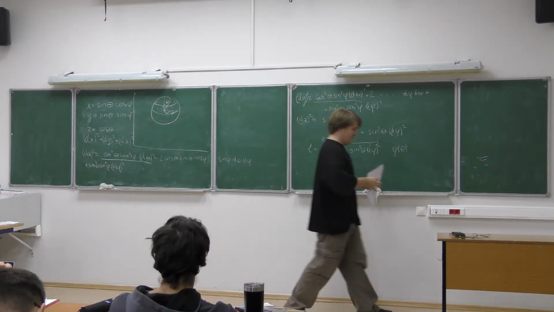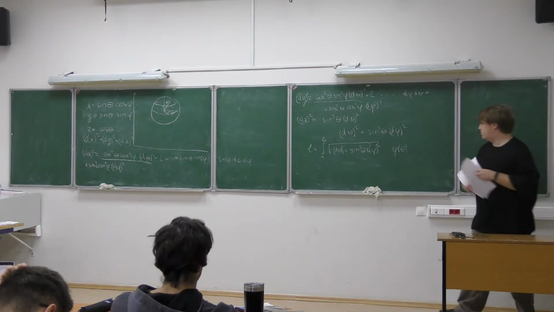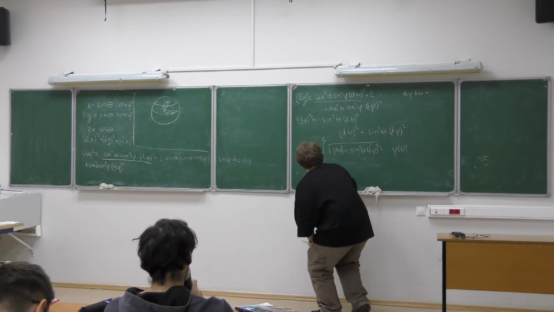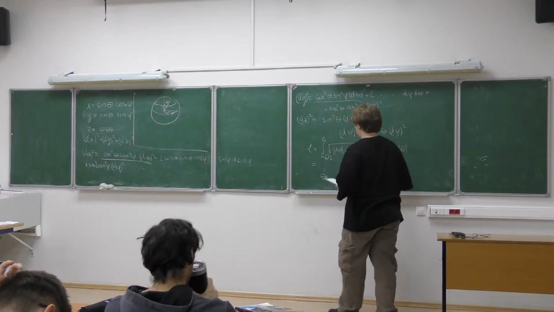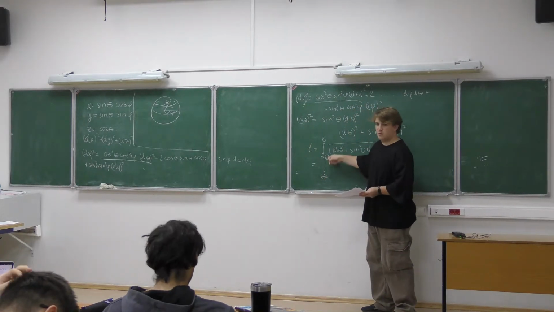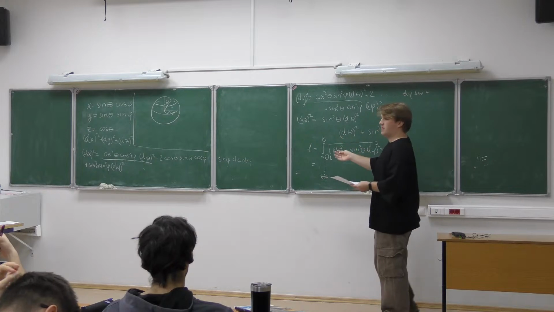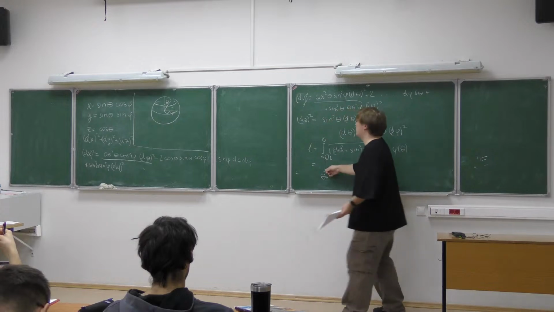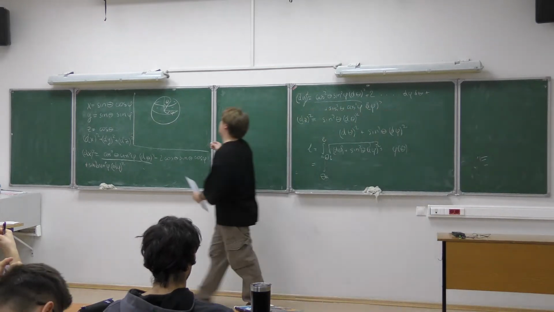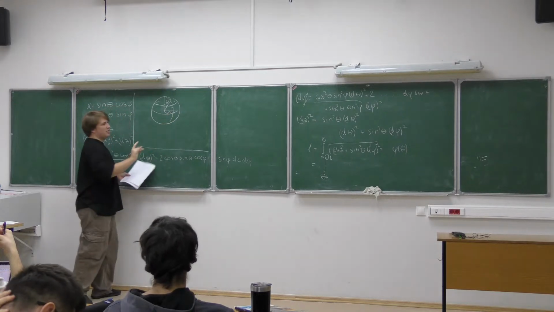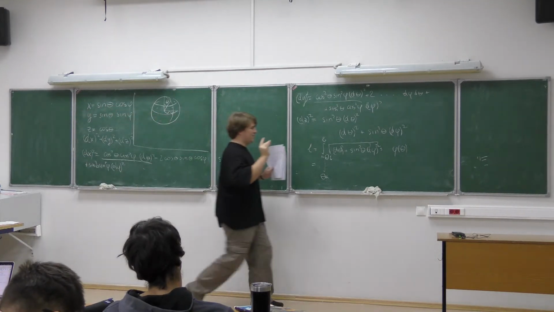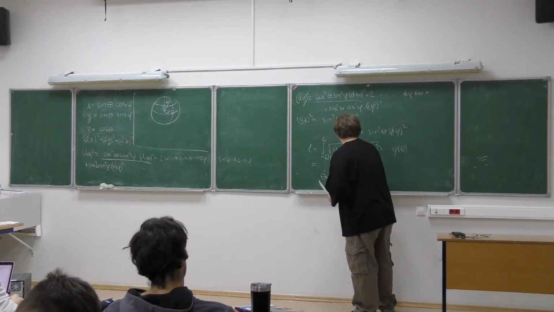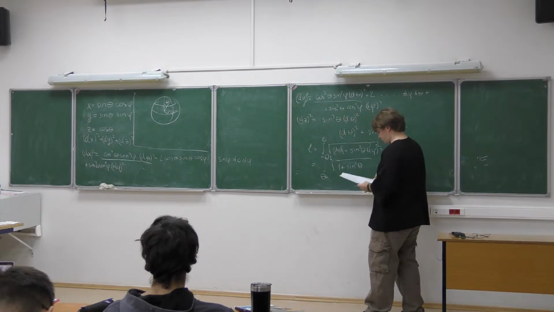Then our length is an integral from theta at the point A to theta at the point B. By rotating the sphere, we can make our points have the same phi, for example. So phi is a function of theta.